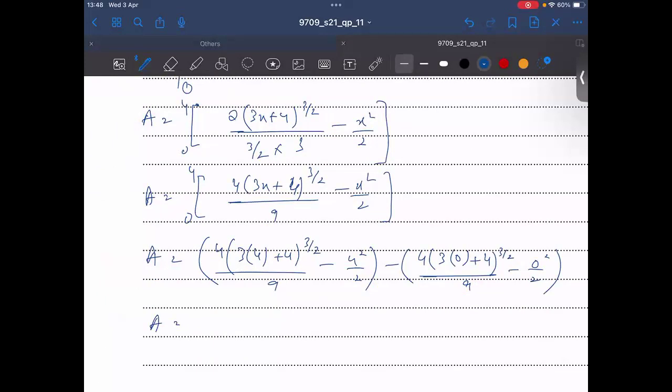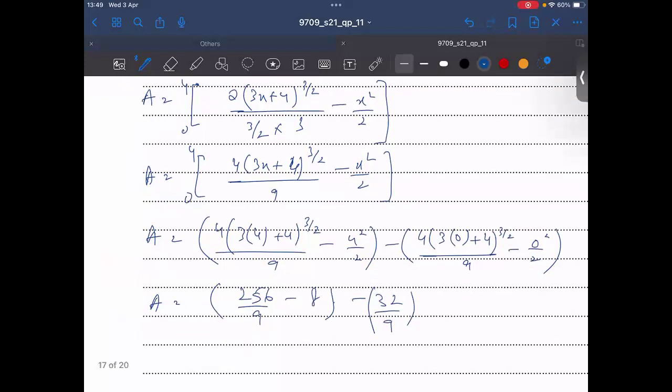Square root of 16 is 4, to the power of 3 is 64, into 4. 64 into 4 is 256 over 9 minus 16 over 2 is 8, minus it's going to be 4 square root is 2, to the power of 3 is 8, times 4 is 32 over 9.